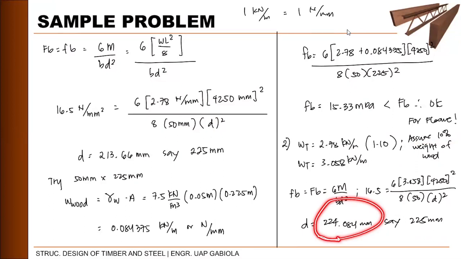Halimbawa, available lang ay 5, edi gamitin mo is yung 5 or yung 6, no? Okay, so pwedeng 250 mm gamitin mo. So depende sa inyo as designer. Pero tayo, dito tayo sa minimum lang muna tayo, para yung sa economical aspect, satisfy natin. Alright?